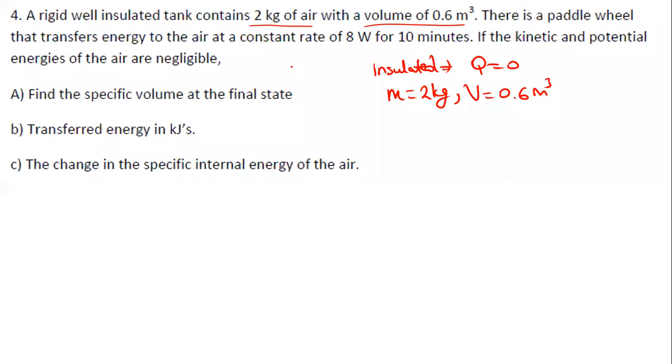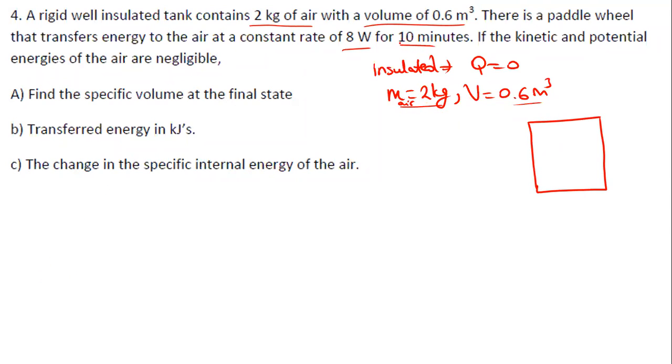There is a paddle wheel that transfers energy to the air at a constant rate of 8 watts for 10 minutes. What it means is that I have a container, something like this one. The volume of the container is given, which is 0.6 meters cube, and the mass of the air, this one is very important, the air is 2 kilograms.